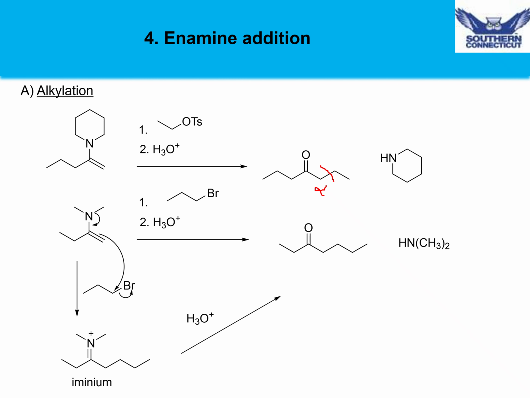So we have just formed this bond here between the alpha carbon, this one, and the carbon that had the leaving group. And what happens to the nitrogen is it forms an iminium ion, which we see here. So as it pushes electrons towards the alpha carbon, it forms that double bond, a positive charge on the nitrogen. And iminium ions will be hydrolyzed by aqueous acid into a ketone and a secondary amine.